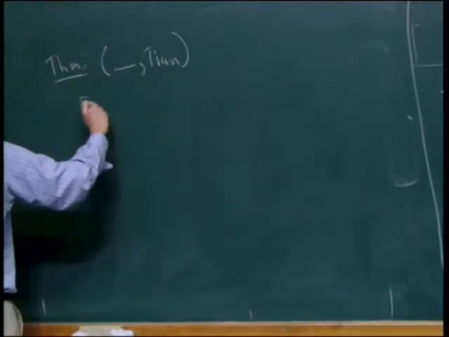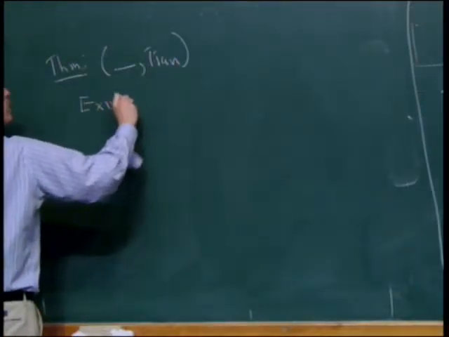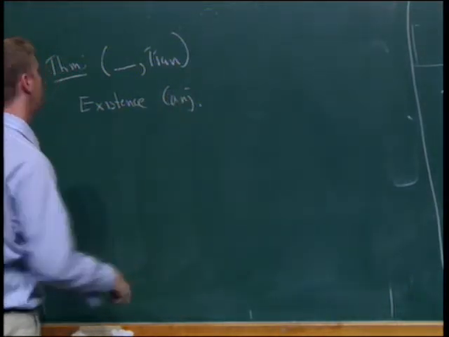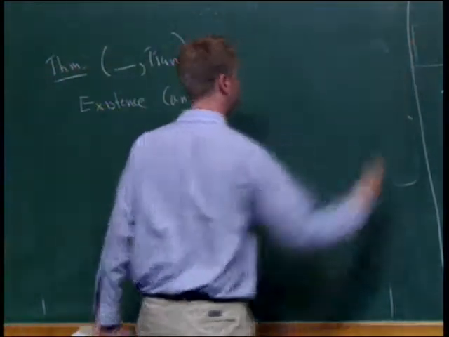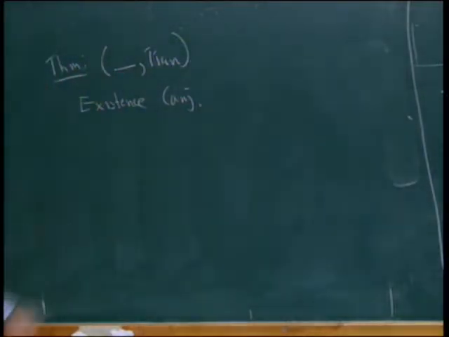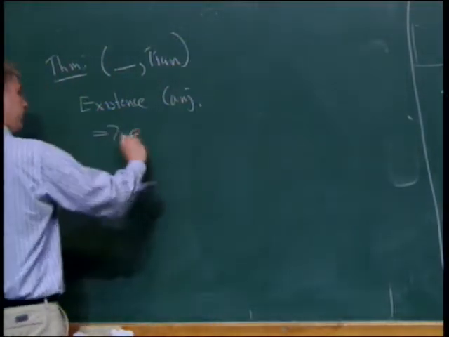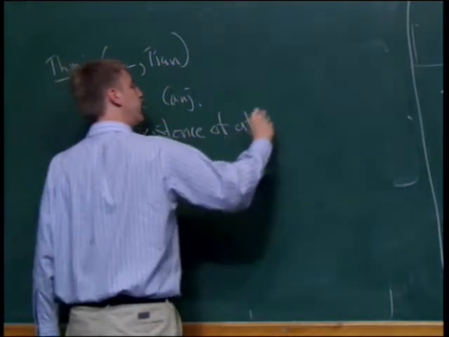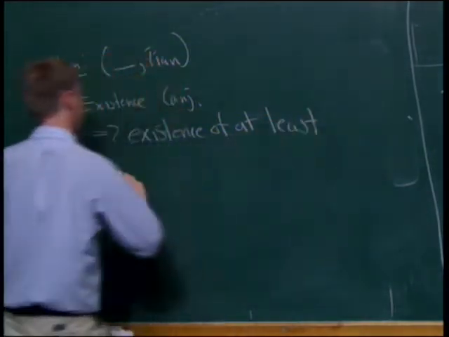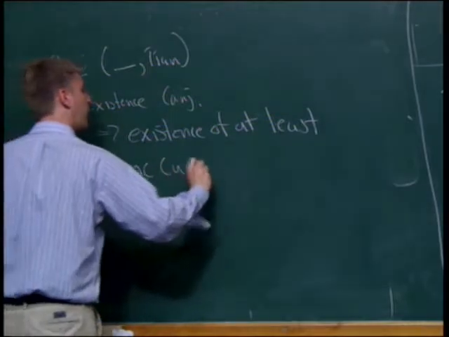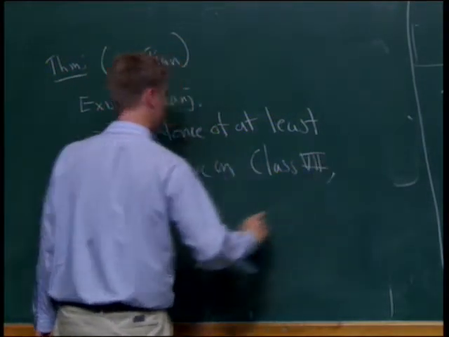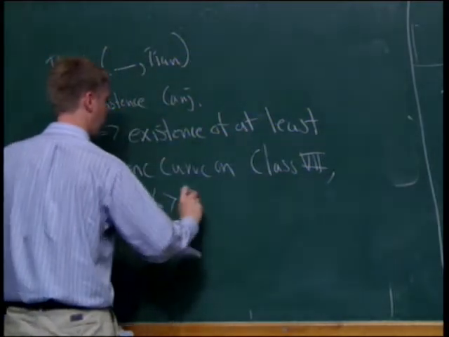So the existence conjecture, which I guess I just erased, but the one that ended here. The existence conjecture about the ODE implies PDE statement. This implies the existence of at least one curve on these class 7 surfaces with B2 positive.